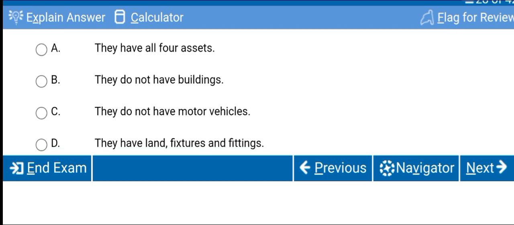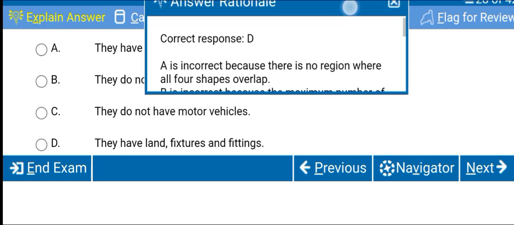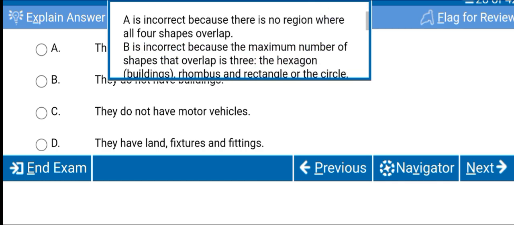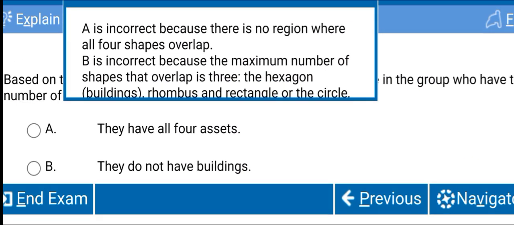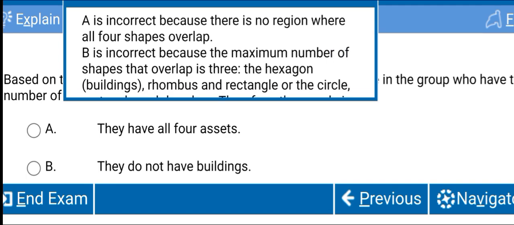Option C, they do not have motor vehicles. Option D, they have land, fixtures and fittings. So here we have option D as a correct option, but option A is incorrect because there is no region where all shapes overlap.